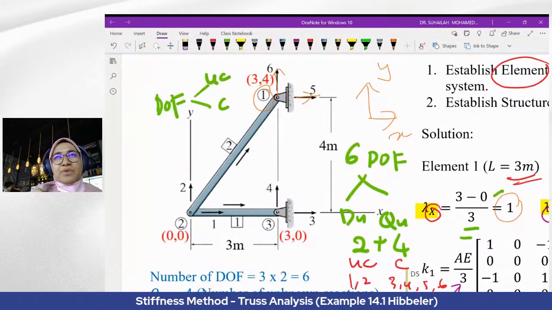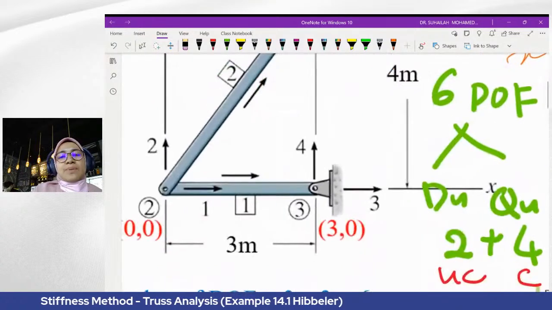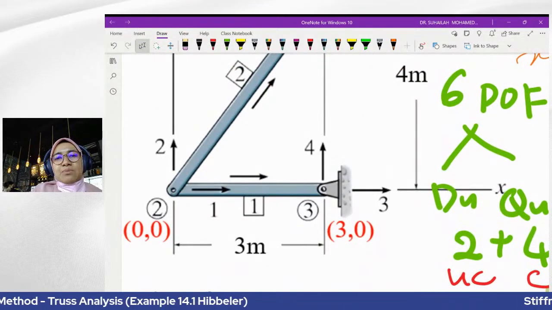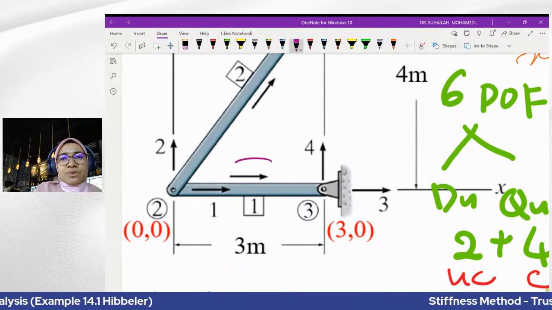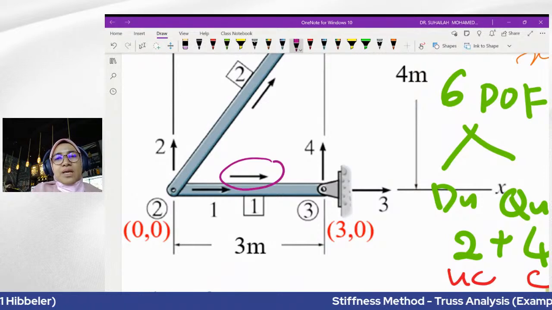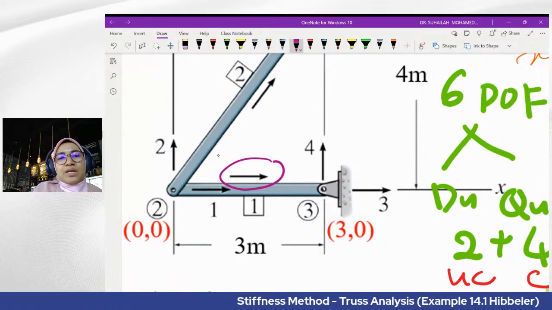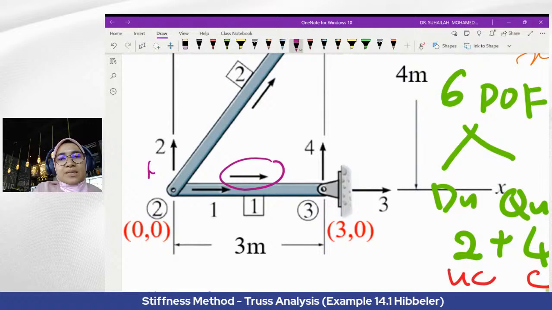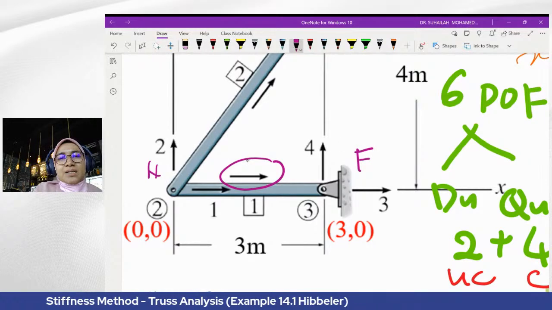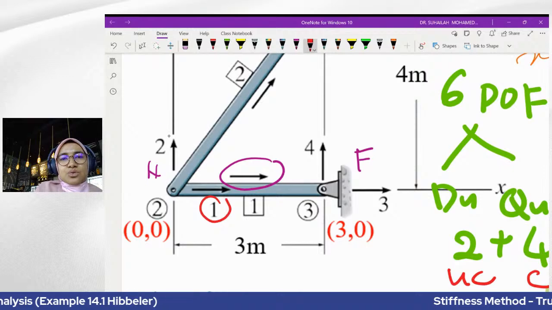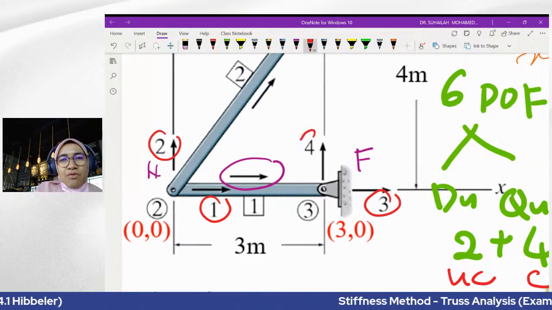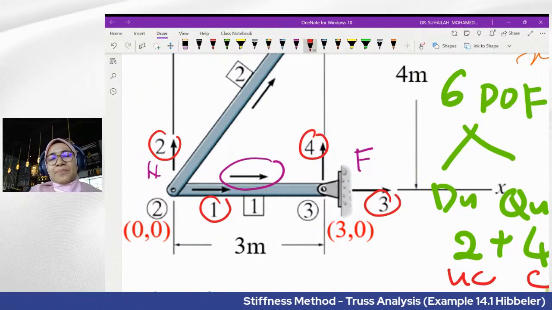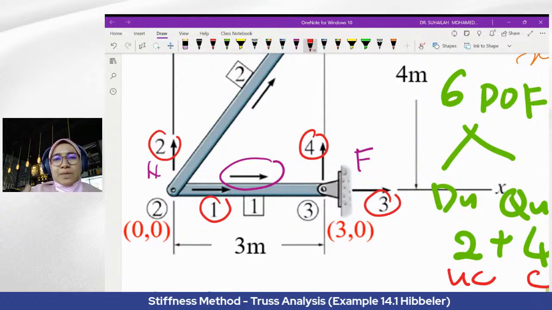Looking at the arrow, we label starting from near. This is near, this is far. By looking at this, it is 1, 2, 3, 4. That's how we spell the degree of freedom for element number 1.